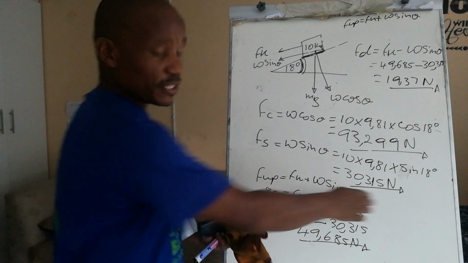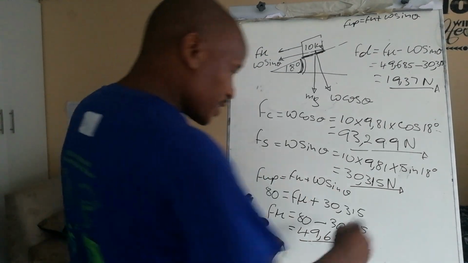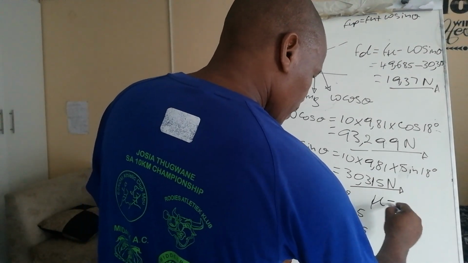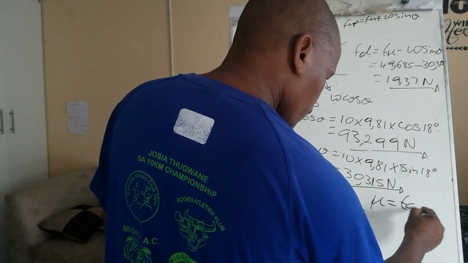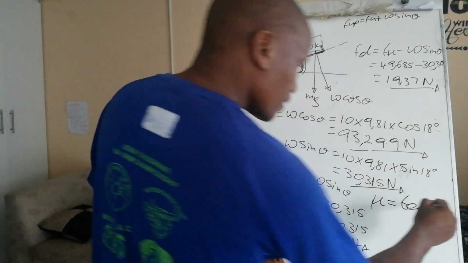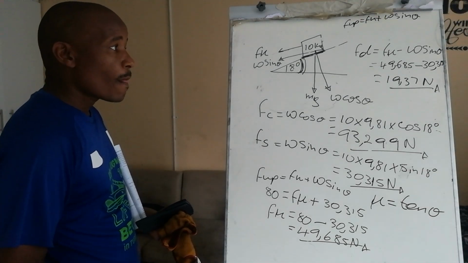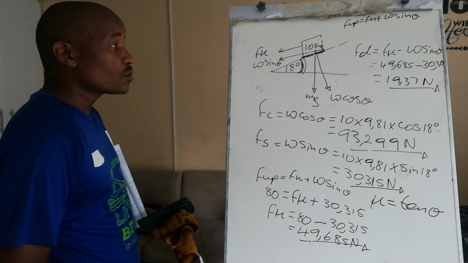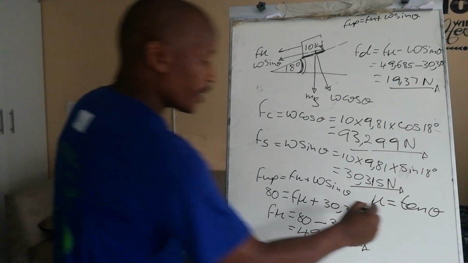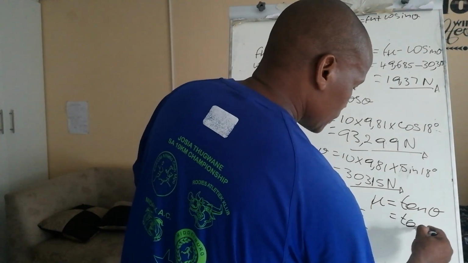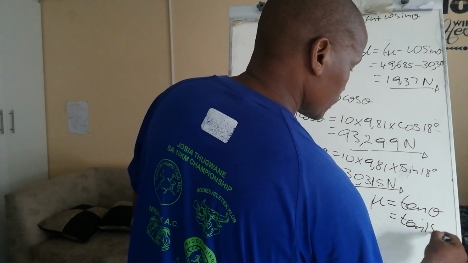Let me just write here, guys. The coefficient of friction is equal to tan theta, and it's equal to what?